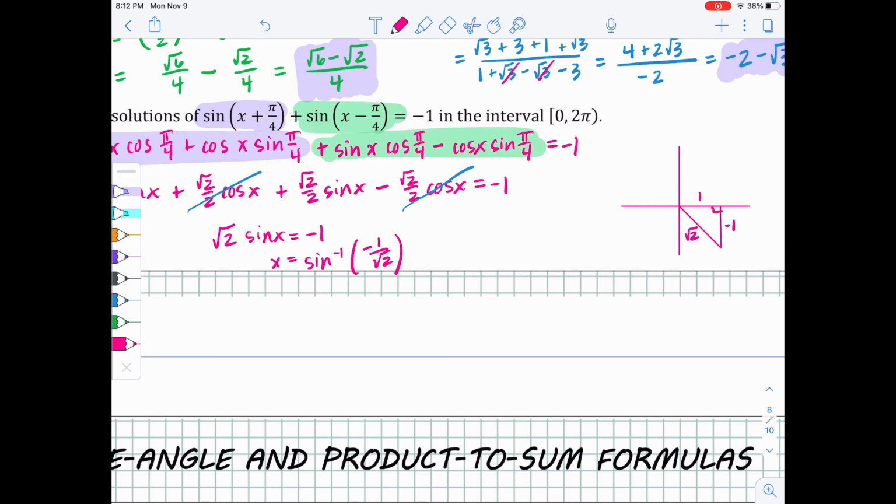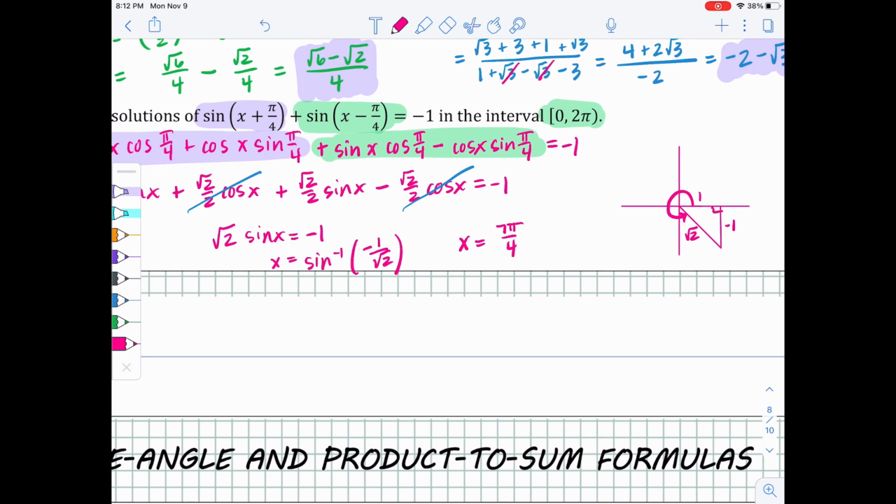Knowing that this is a 1, 1, radical 2 triangle, I know that the answer has to be a pi over 4. But I don't want to use negative pi over 4 because that's not in the interval that they asked me to keep my answer in. So I actually want to communicate my answer as 7 pi over 4, which is one positive trip around the unit circle.